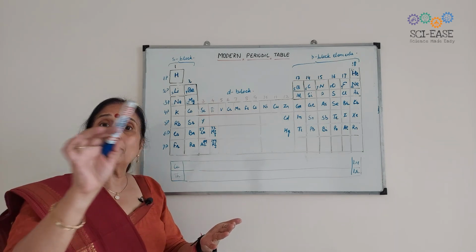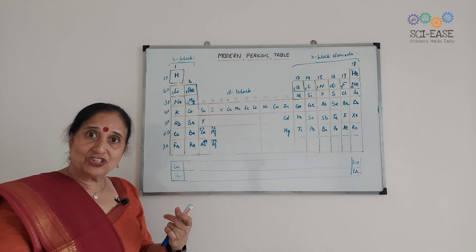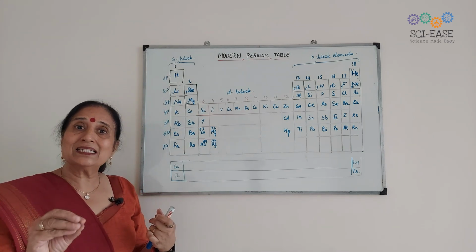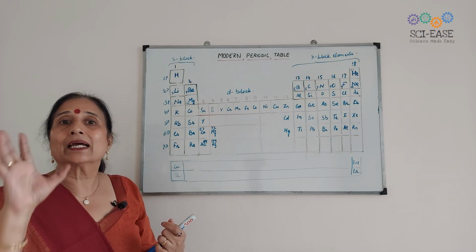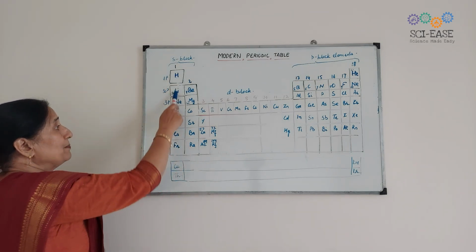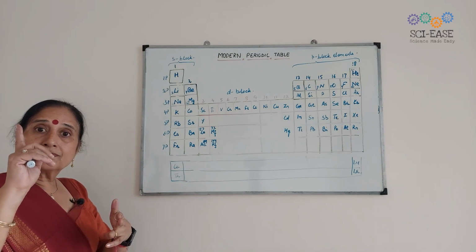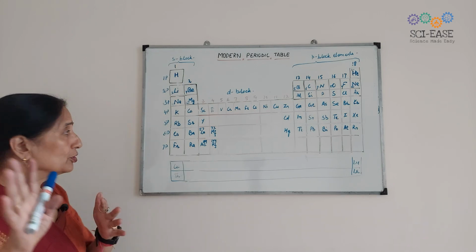That is the electron present in the outermost shell or the valence shell. Valence shell is the outermost shell, and the electron which is present in that is the valence electron. So, all the elements of group 1 will have 1 electron in the valence shell or the outermost shell.